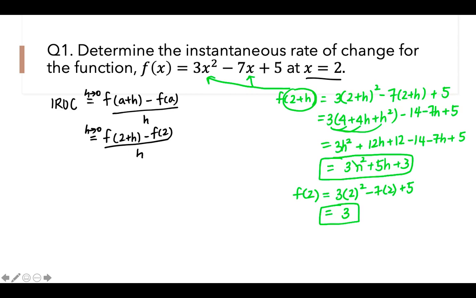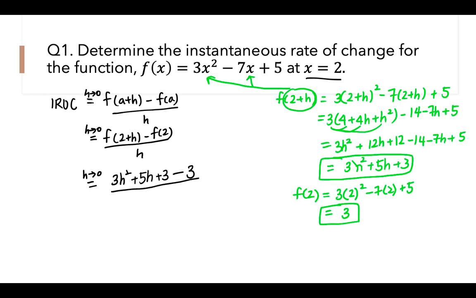Okay, so now we are going to plug in the information. h approaching 0, and then 3h squared plus 5h plus 3. So that is for the 2 plus h output. And then for f at 2, the output will be minus 3.